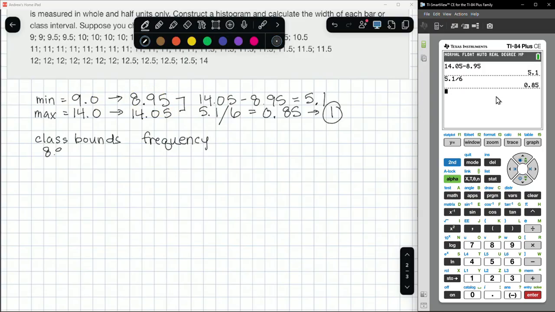So 8.95, and then I'm going to add 1, which would put me at 9.95. And then that number becomes the first number for the next row. And we add 1, and then we keep that pattern going.